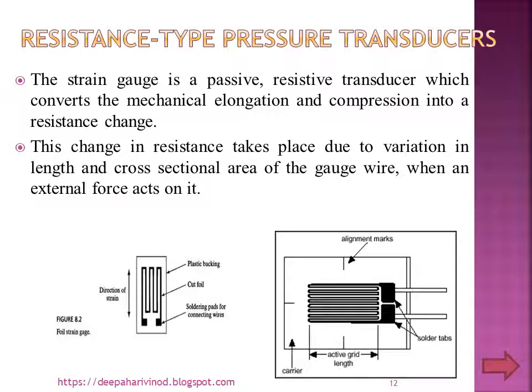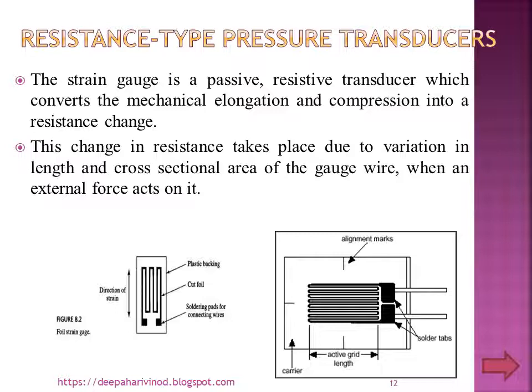Resistance type pressure transducer. The strain gauge is a passive resistive transducer, which converts mechanical elongation and compression into a resistance change.